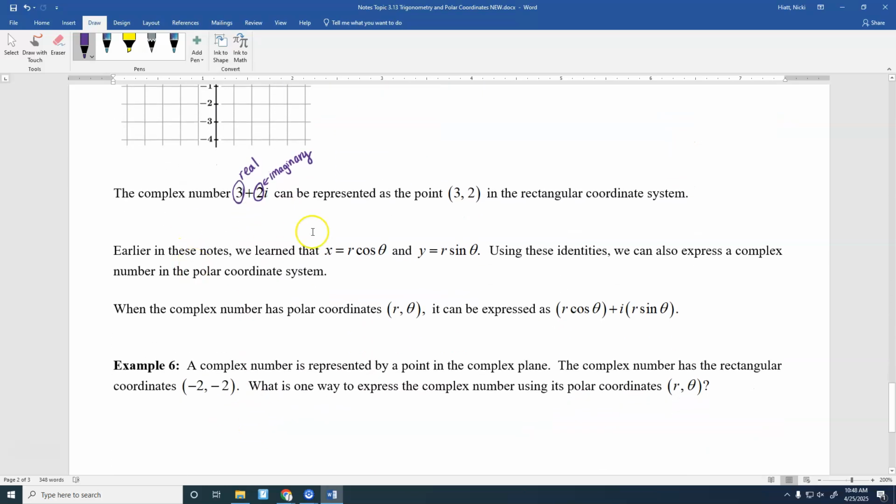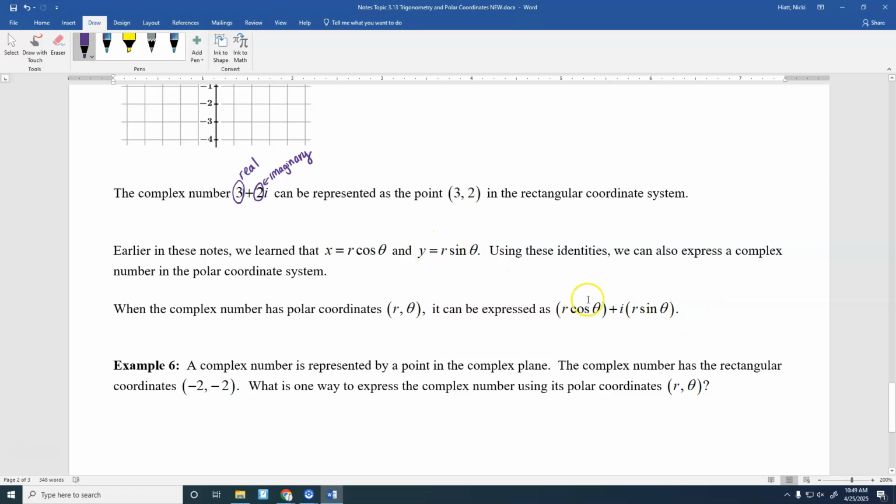So we know x equals r cosine theta and y equals r sine theta. So using these identities, if a complex number has polar coordinates, it can be expressed as r cosine theta plus i r sine theta.